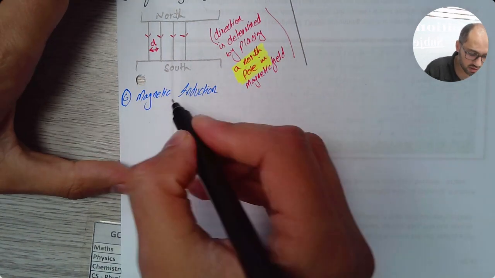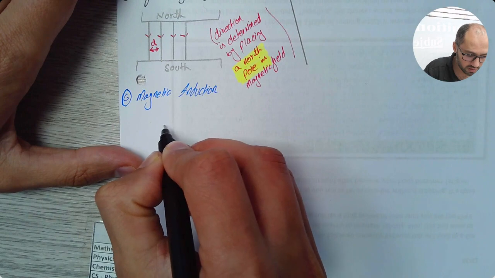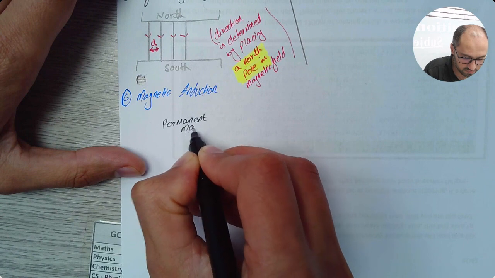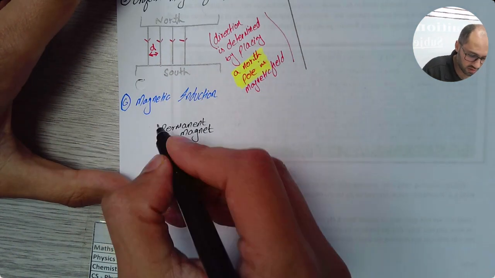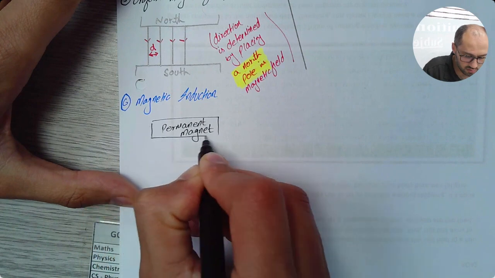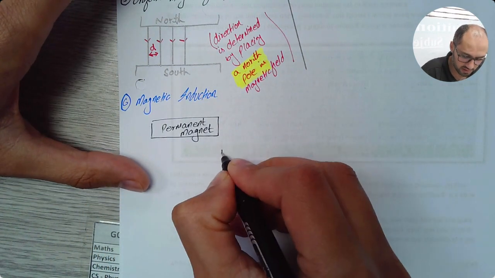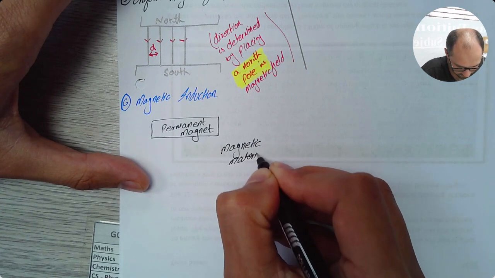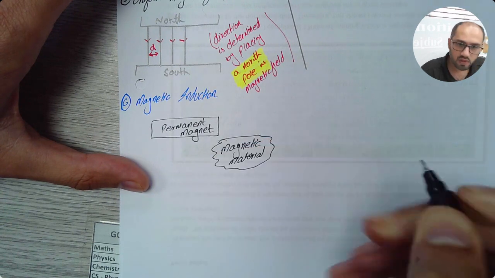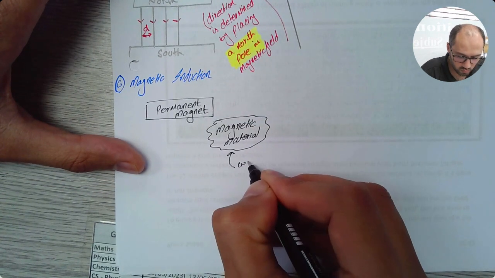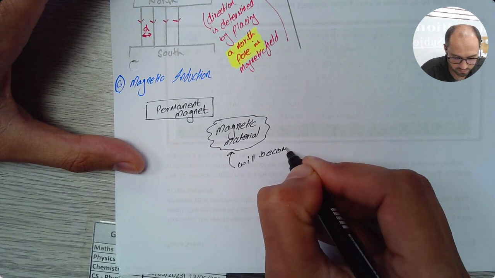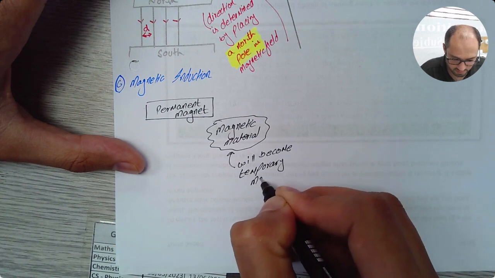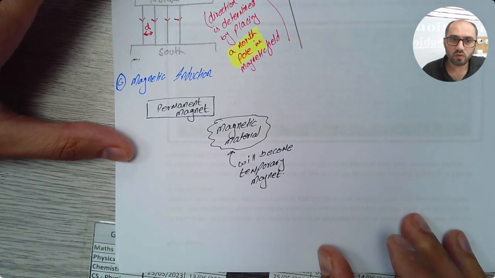When it comes to magnetic induction, what happens is, if I have a permanent magnet, when this permanent magnet comes close to a magnetic material, this magnetic material will become a temporary magnet. This is what we call magnetic induction.